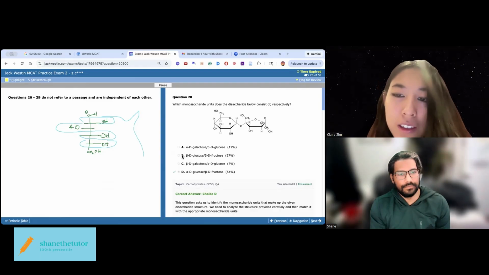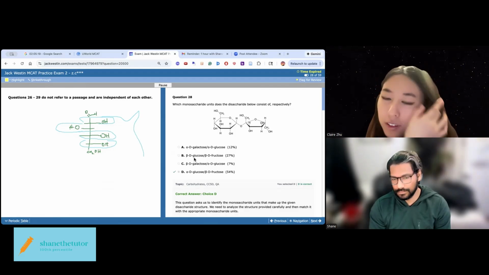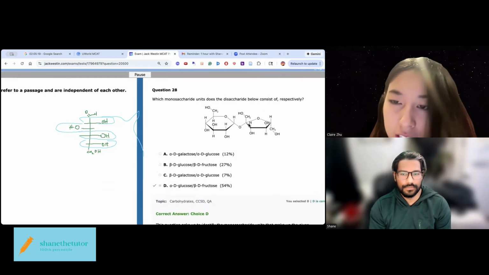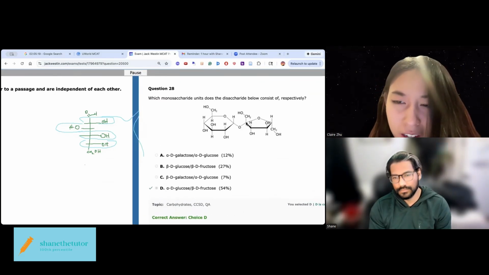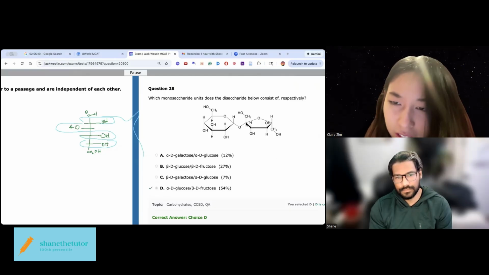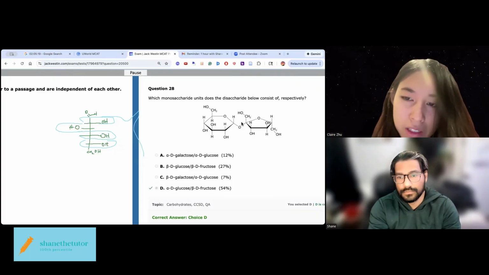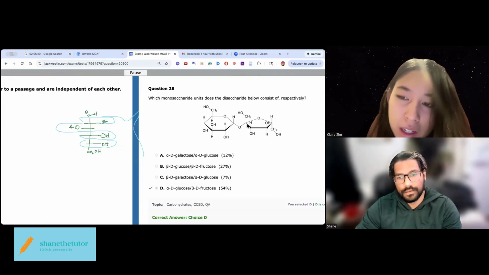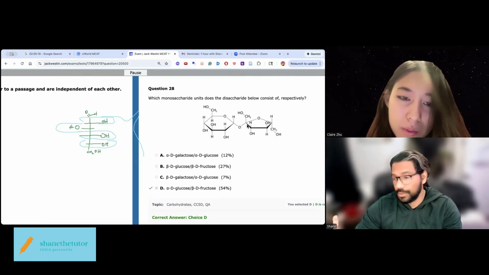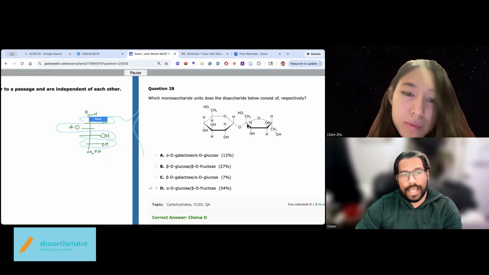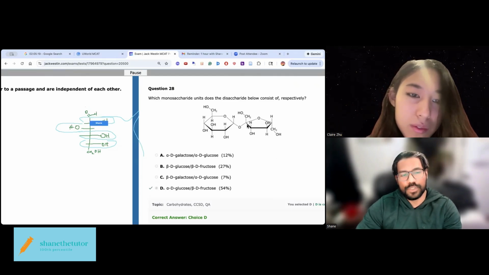Okay. In this one, I think I was a bit confused because, just looking at this, this would be considered the anomeric carbon, I guess. But it seemed like it was pointing down, so I thought that the fructose would also be alpha. So I just want to ask you, tell me what happens when this forms a ring.